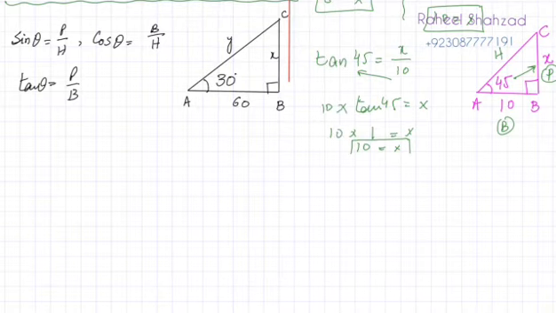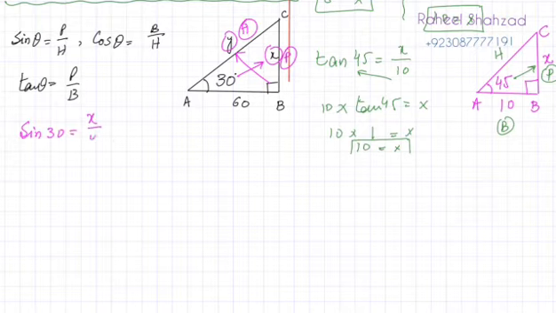Now in this question we need to find the value of x and the value of y. First of all, identify which side is perpendicular, base or hypotenuse. This is the perpendicular, opposite to this 30 degrees, and opposite to the right angle is the hypotenuse. So we see perpendicular and hypotenuse, it's a sine ratio. So sine of 30 is equal to x divided by y.